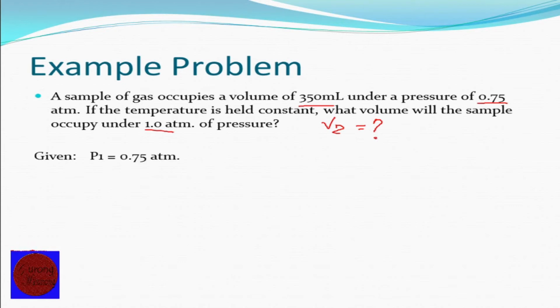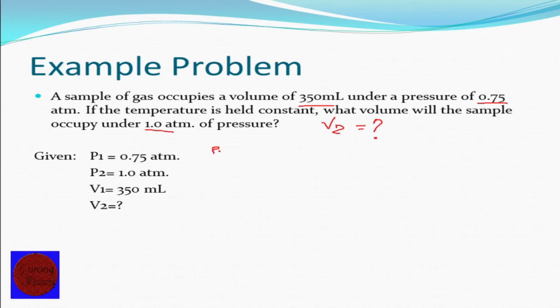So let's see the given. Our P1 is 0.75 atm. Our P2 is 1 atm. And our V1 is 350 milliliters. So tama nga yung sagot natin. The ask is the V2. So let's use the formula again.